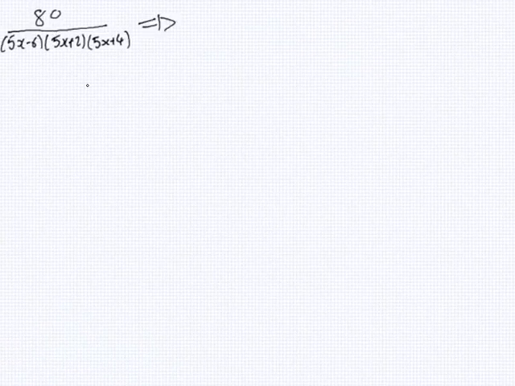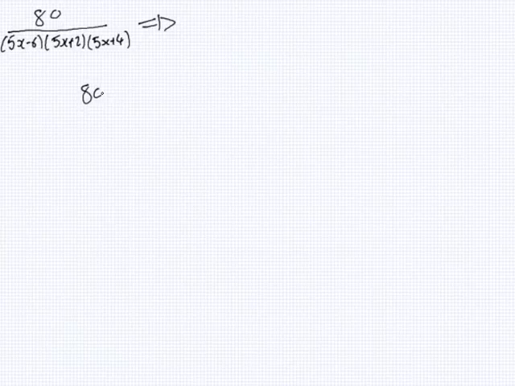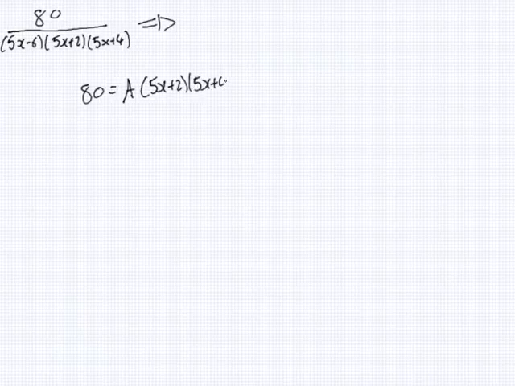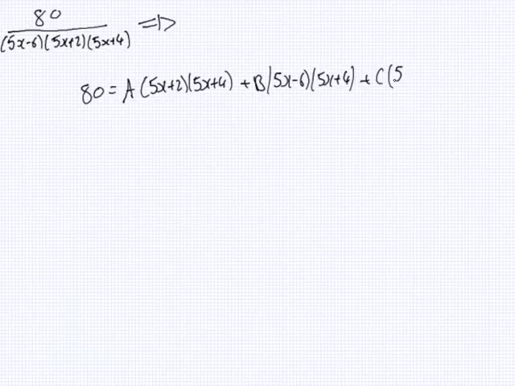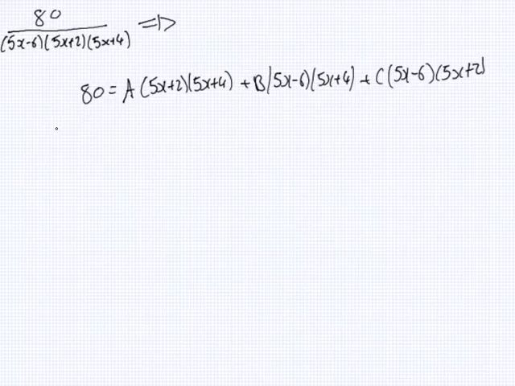Yeah, so we'll take a shortcut because we know it's going to be 80 equals A, 5x plus 2, 5x plus 4, plus B, and then lastly will be C, 5x minus 6, 5x plus 2. Okay, so what do we say first?